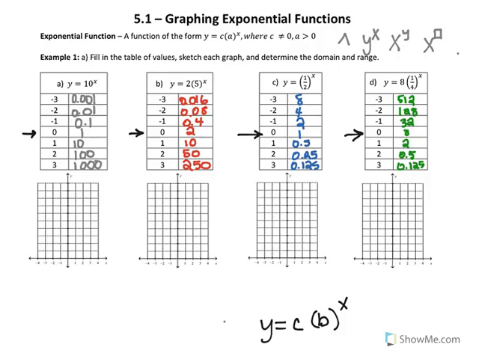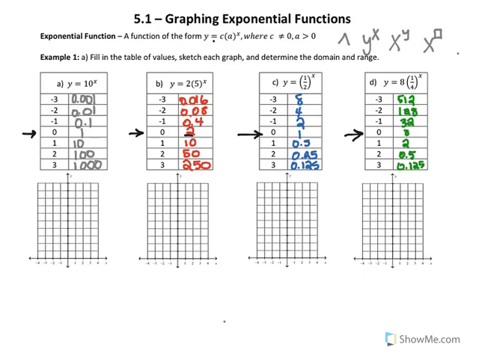Our c value is going to tell us what our intercept is. So for this one, there's nothing there, so it's a 1. This one, it's 2, which is what our intercept is. This one is 1, which is what our intercept is. This one is 8, which is what our intercept is. So our intercept is determined by that c value.